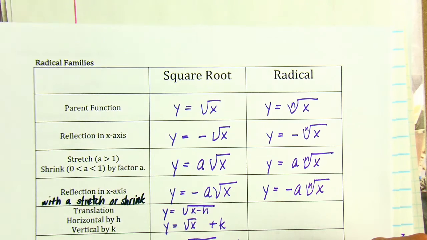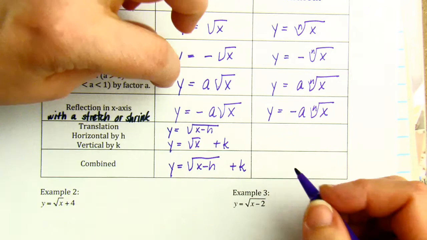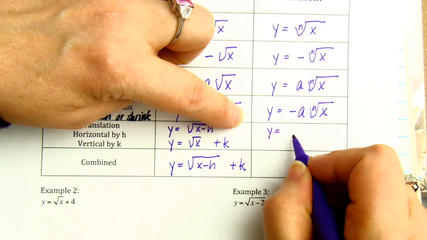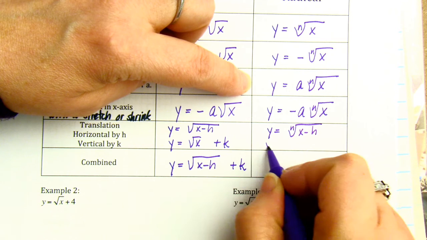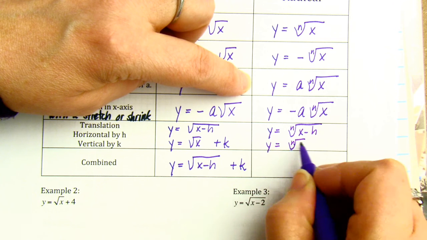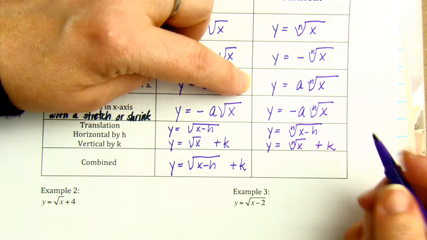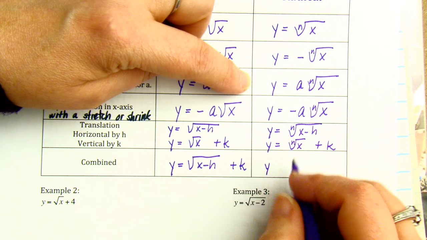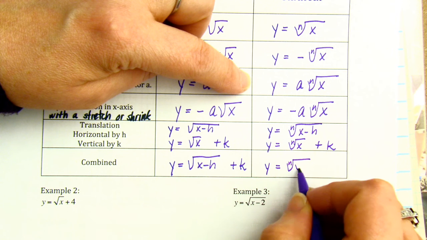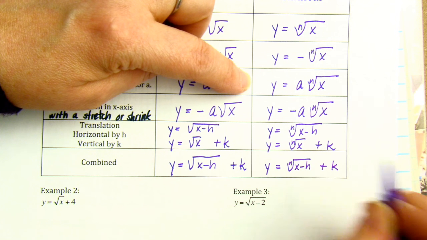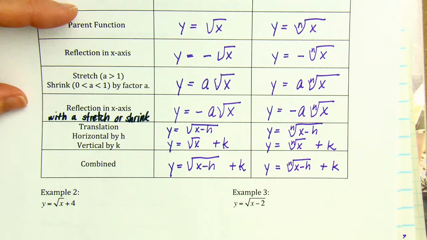Keep it on going. Next we have y equals the nth root of x minus h, and y equals the nth root of x plus k. And then finally putting both shifts together, the nth root of x minus h plus k. All right, we'll do a couple examples.